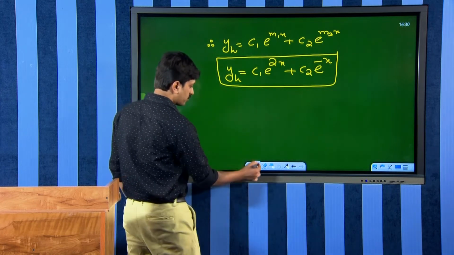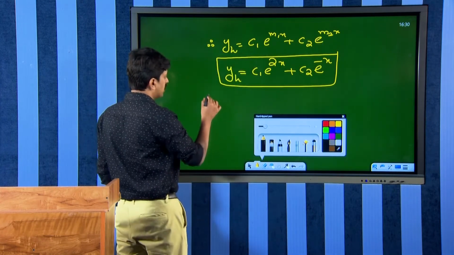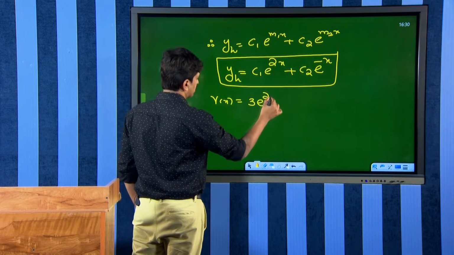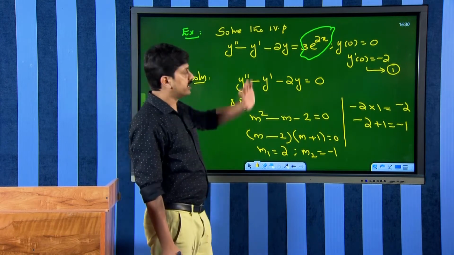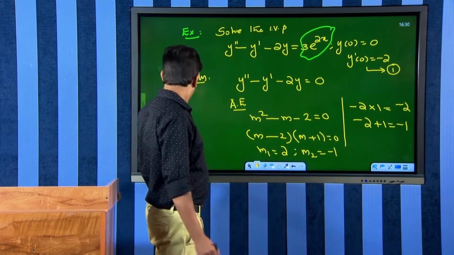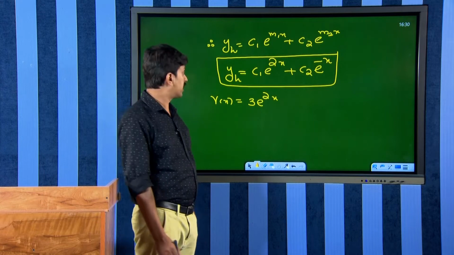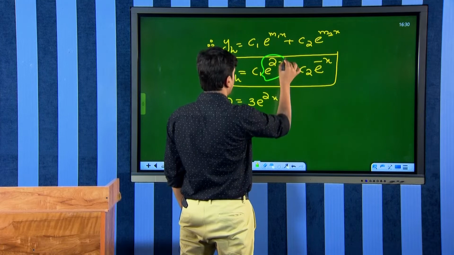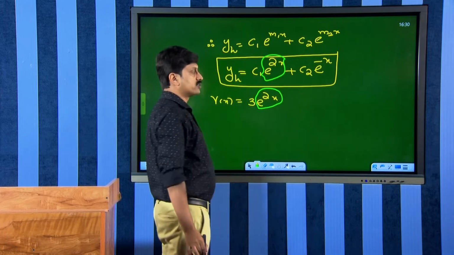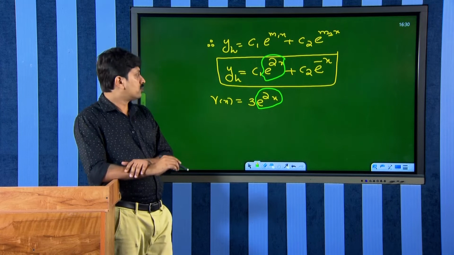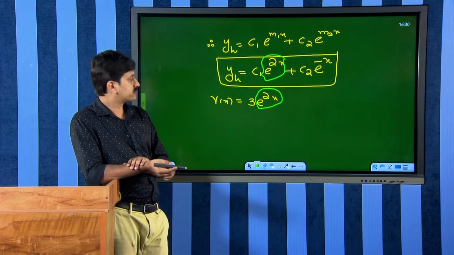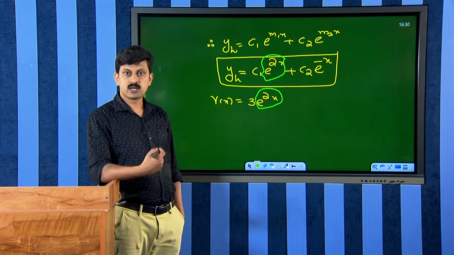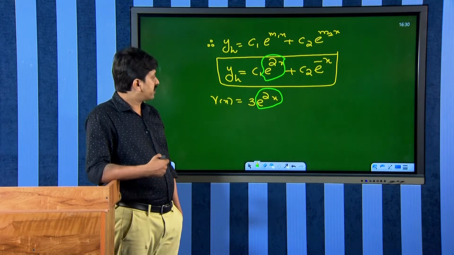Therefore, for the choice of yp, we already discussed that r of x is equal to 3 e raised to 2x. Already we have e raised to 2x in the homogeneous solution, and r of x is also e raised to 2x. So, by the modification rule, for yp we have to multiply it with an x.